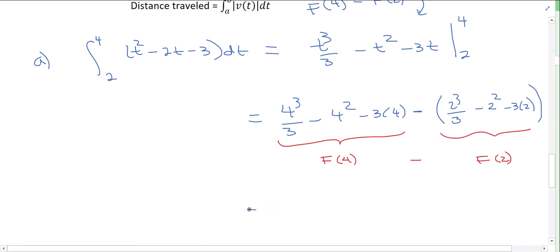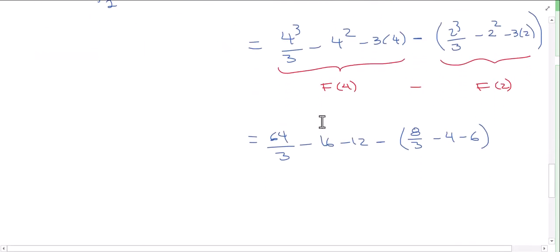And doing the math here, so this is 64 over 3 minus 16 minus 12, and then minus, I'm going to keep my parentheses there, so that's 8/3 minus 4 minus 6. And then if you want to get rid of the parentheses, distribute that negative in there. And what's this?